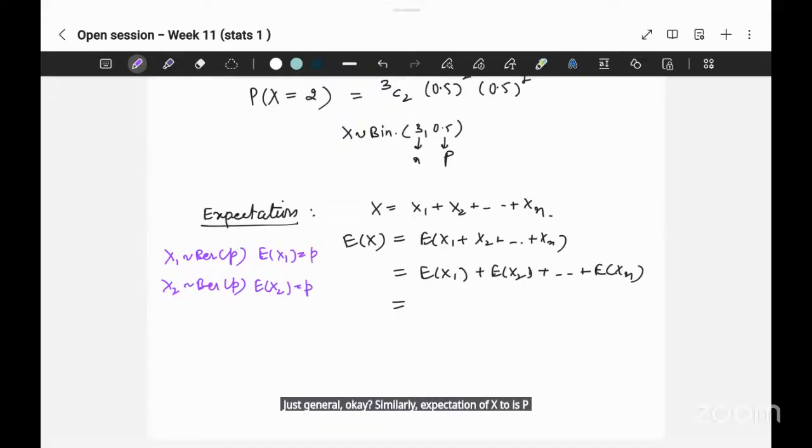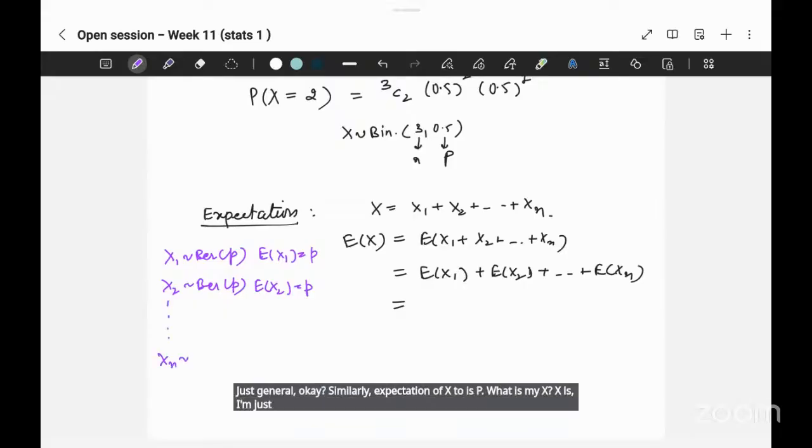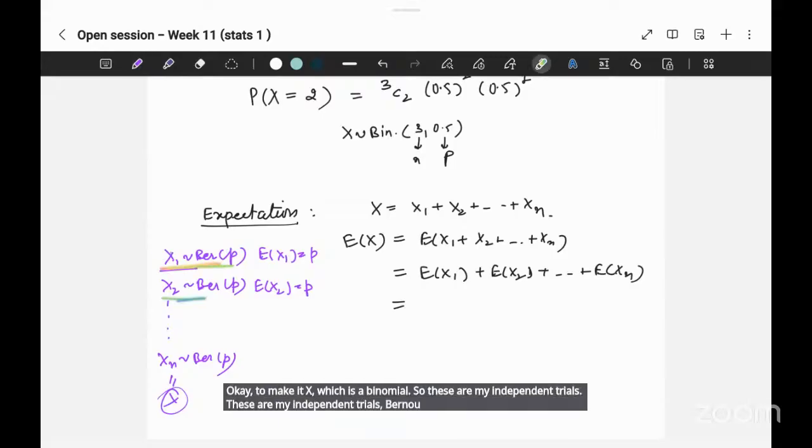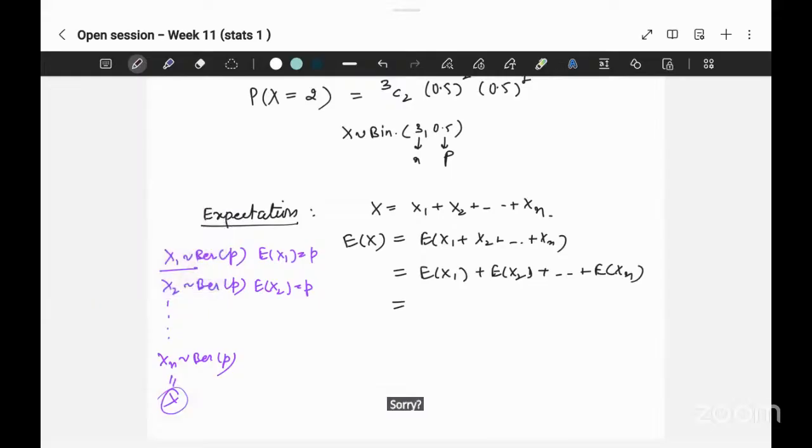What is my x? I'm just adding all these x in Bernoulli trials to make x, which is a binomial. So these are my independent Bernoulli trials, and I'm adding all of these to make a binomial distribution. Will the expectation be NP?